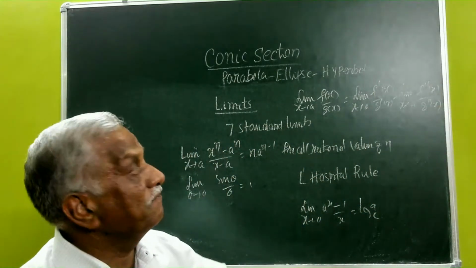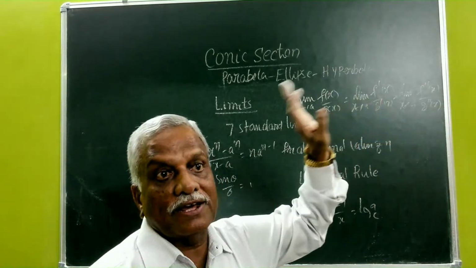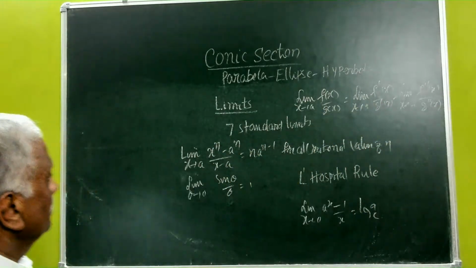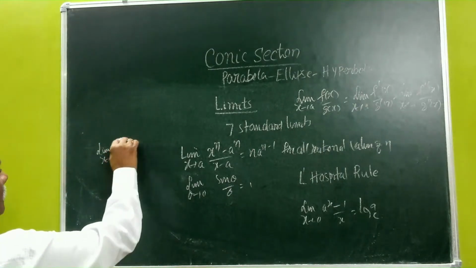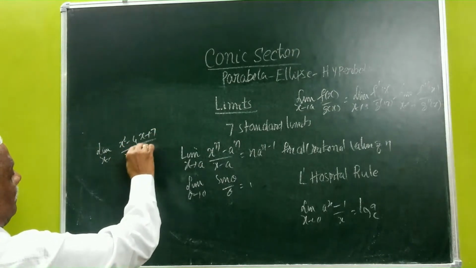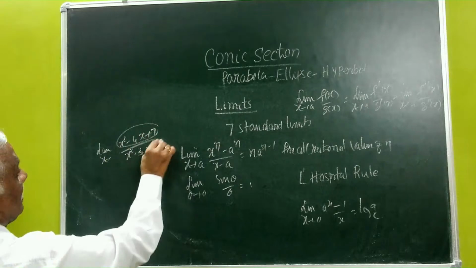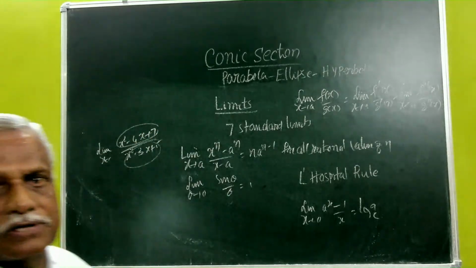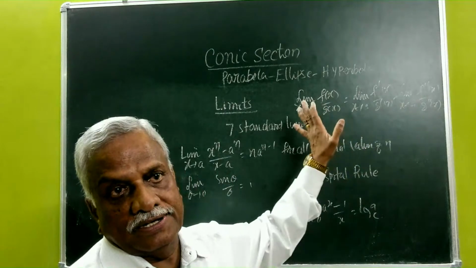When you get an indeterminate form, we differentiate numerator and denominator. Please note, we are not using the quotient rule. For example, if you have limit x tends to 0, x square minus 4x plus 7 by x square minus 3x plus something like this, we differentiate numerator and denominator separately, not using the quotient rule.